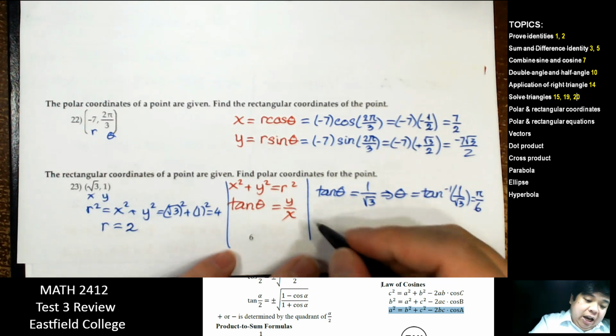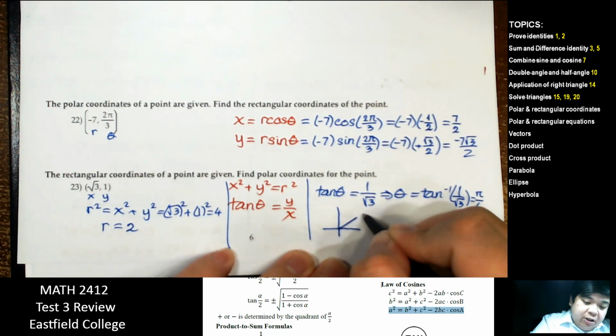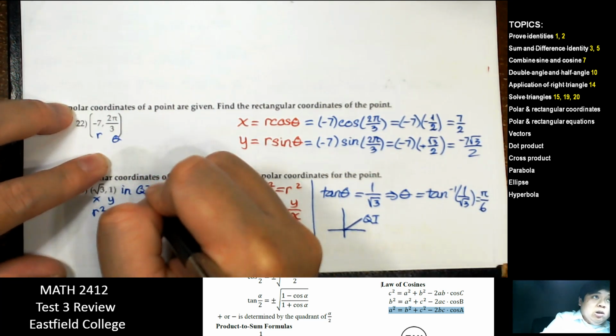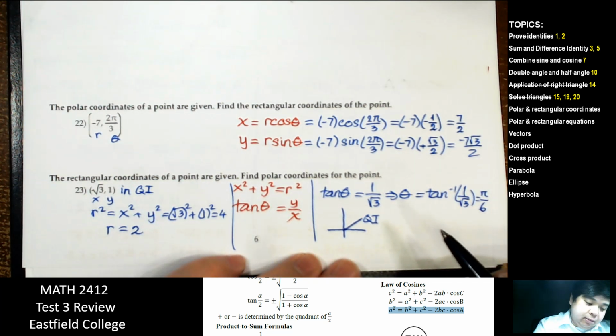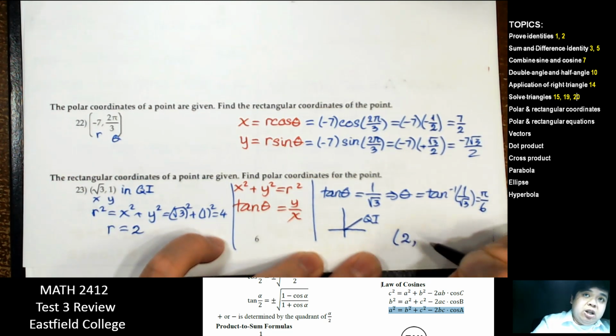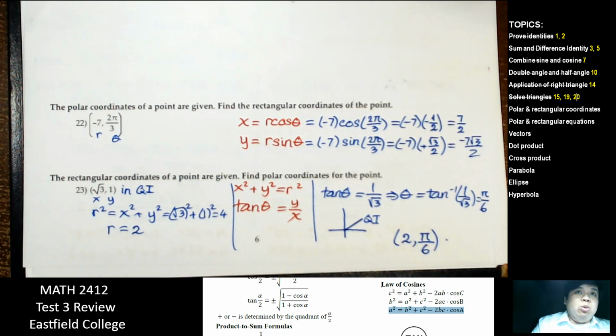Right, and we do need to check that pi over 6 is in the first quadrant, and this point is in the first quadrant. So that checks. Whenever we have the angle, make sure that it is in the right quadrant. So we have the radius r is 2. The angle is pi over 6, which is good. That's what we have.